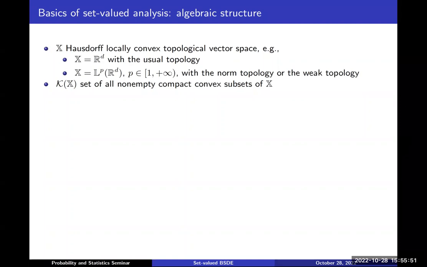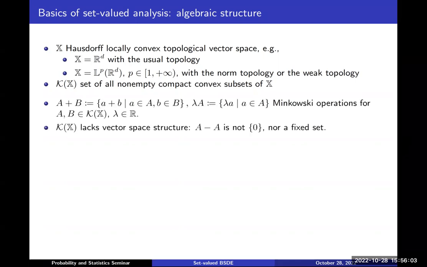For instance, K_X is one of them. This is my hyperspace of sets, convex and compact subsets of X. Sometimes when X is L^p, compact is just too much, and we might need weakly compact. So in that case, I will put a little w here to indicate that this is weakly compact.